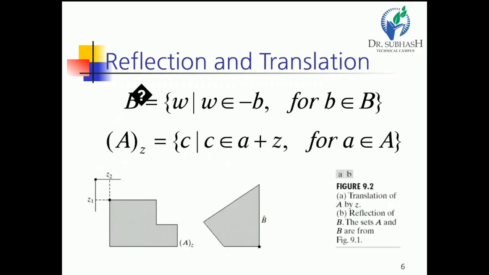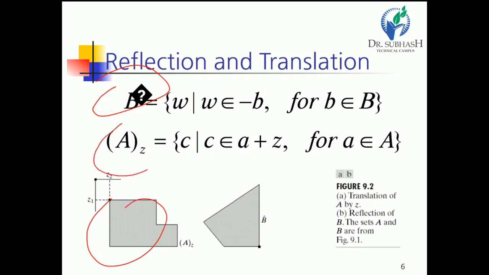Now the next one is reflection and translation. So the reflection and the translation can be represented by this function. The reflection of B means inside the bracket, w such that w equals minus b, for b belonging to capital B. This figure shows the representation of translation of A by z, right?